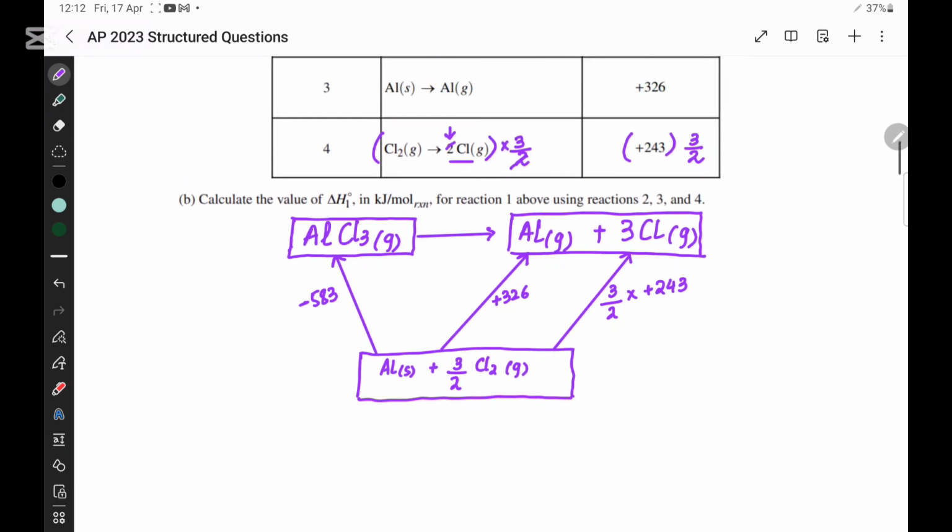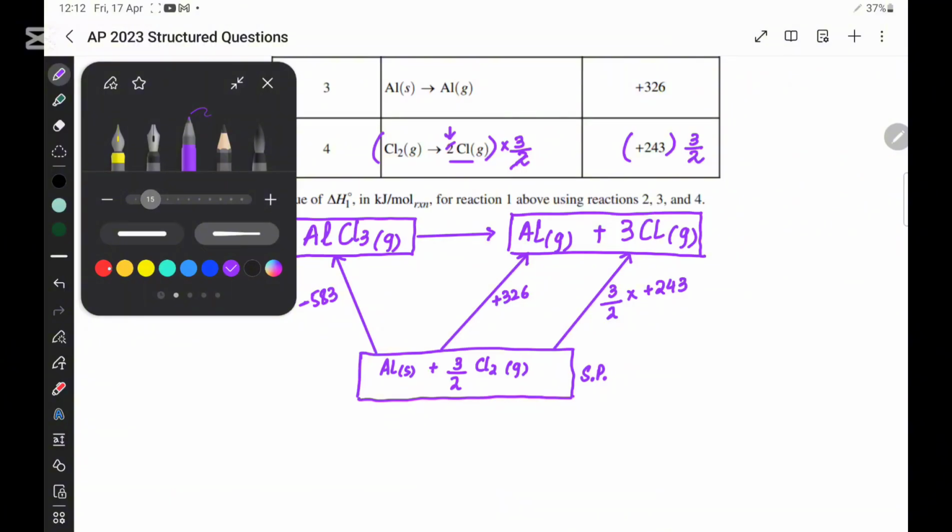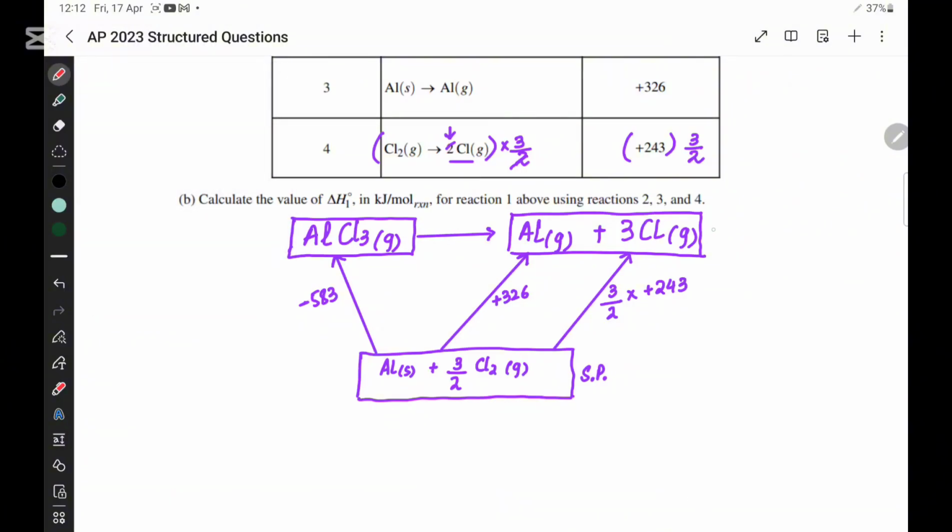And now the place from where all arrows have been initiating is going to be the starting point, and the place where all arrows are ending is going to be the ending point. So this is the place where all arrows are ending, that's the ending point. From the starting point we have two routes. One route is this one, this is route 1, and this is route 2.